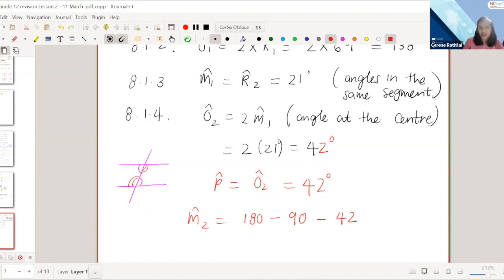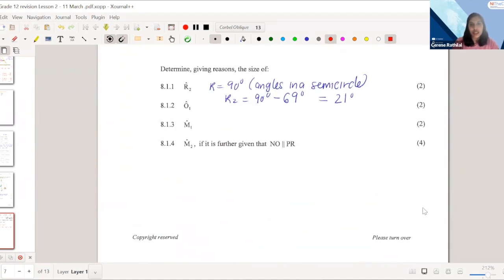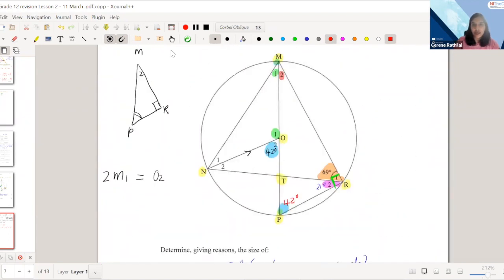And what answer do you get in here? You get an answer of 48. And so this is the final answer. That is M2. Let's put that in, 48 degrees. And so the sum, 48, 42, and 90 sums to 180, ensuring that the sum of the angles in a triangle is 180 degrees. So did everybody follow that?